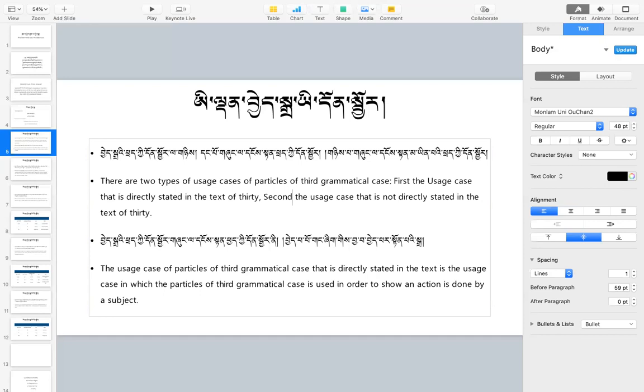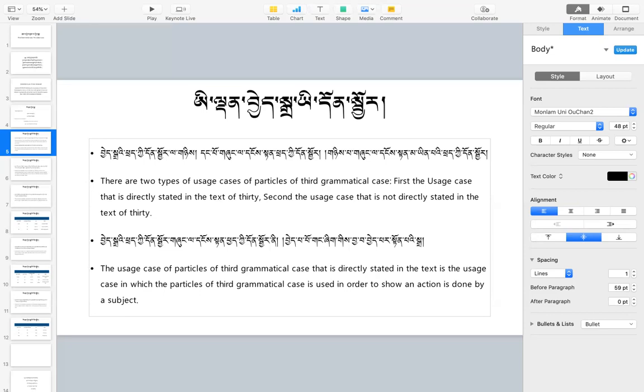So one may ask, if these are inferential, then how do we know that these are the usage cases? It is very clearly stated in the text of Smriti Gyana, the armor of speech, in which Pandit Smriti Gyana states the usage of third grammatical case for cases other than the subject case.